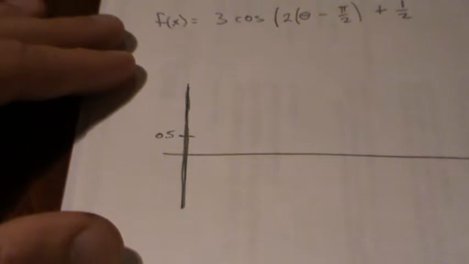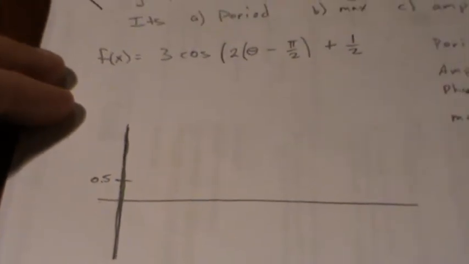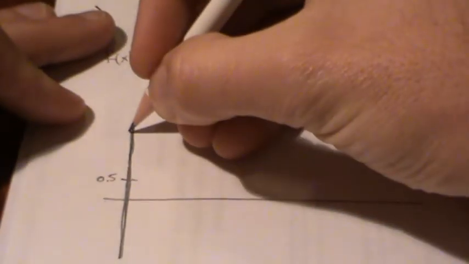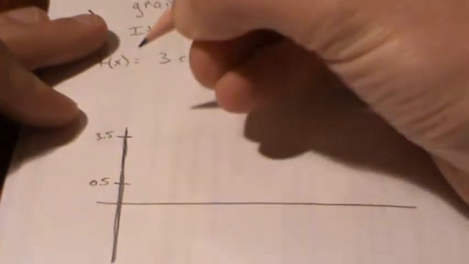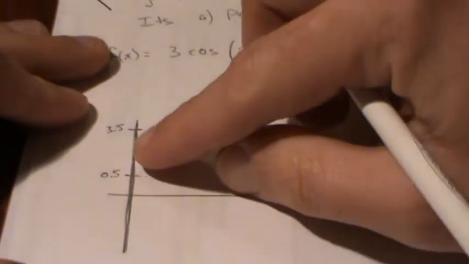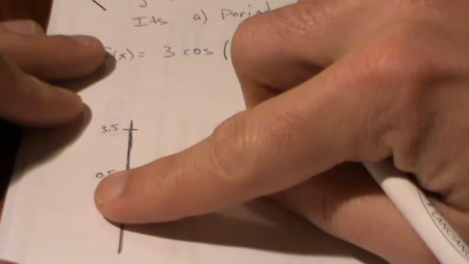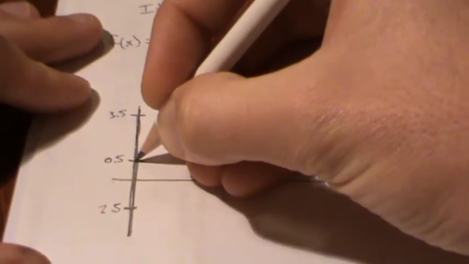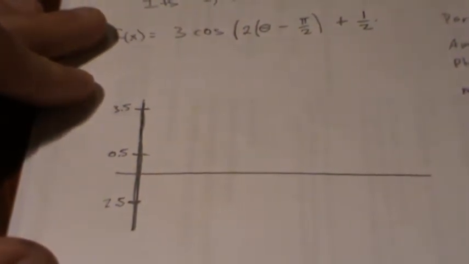This is 0.5 because my vertical shift is 0.5, and knowing that my amplitude is 3, it's going to go all the way up to 3.5, and then all the way down to negative 2.5. That's the maximum, the minimum, and the middle position.